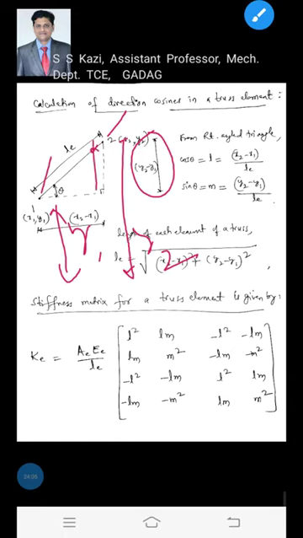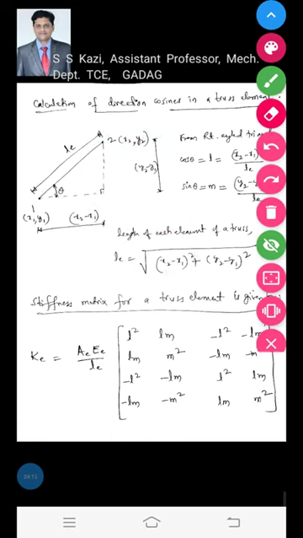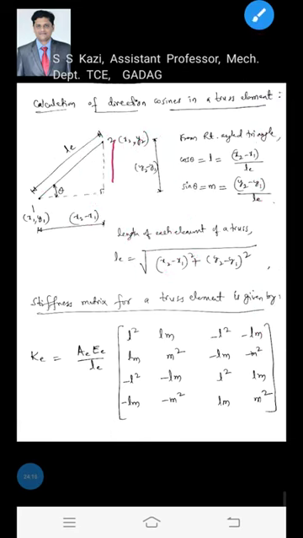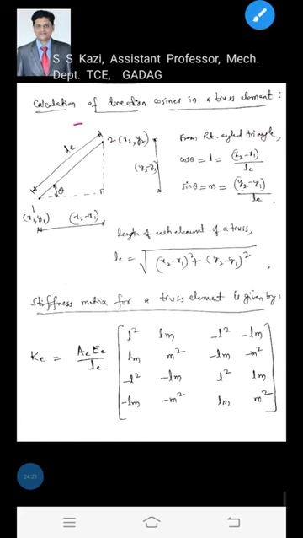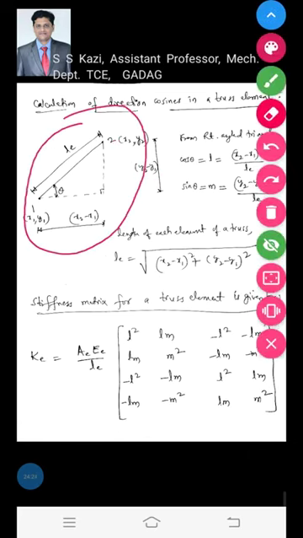If I want to know only this much distance, then you should go for y2 minus y1. So this side will be y2 minus y1, and we got this right angled triangle.